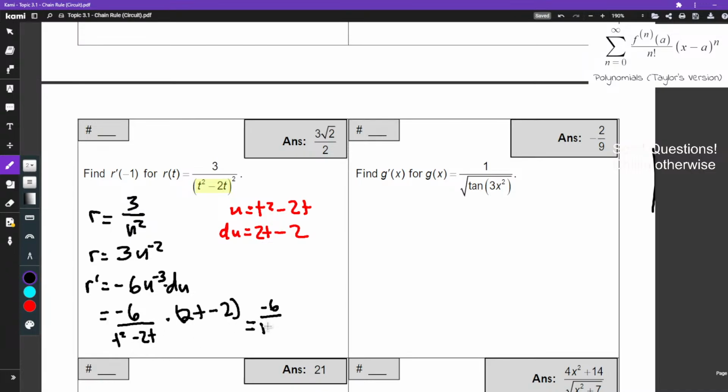This times negative is a plus 2 times 2 negative 2 minus 2.